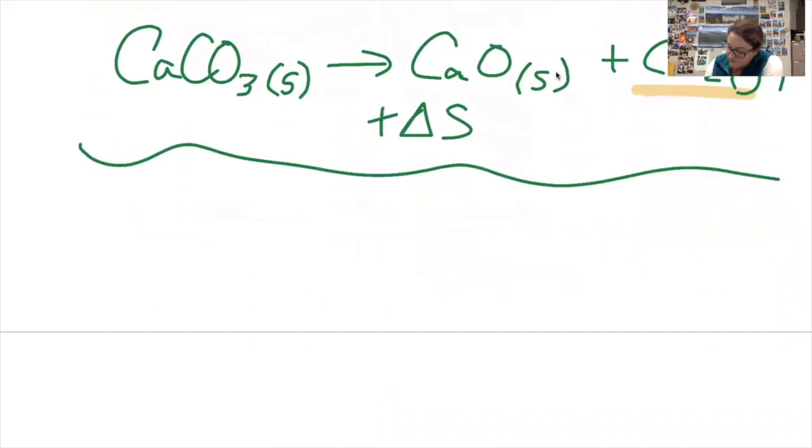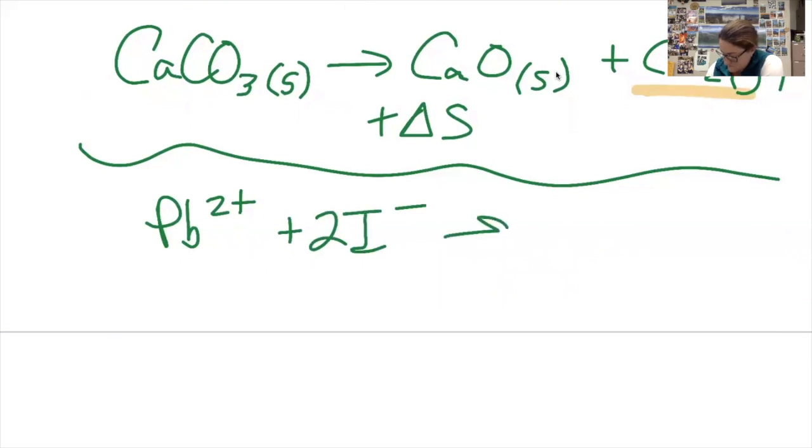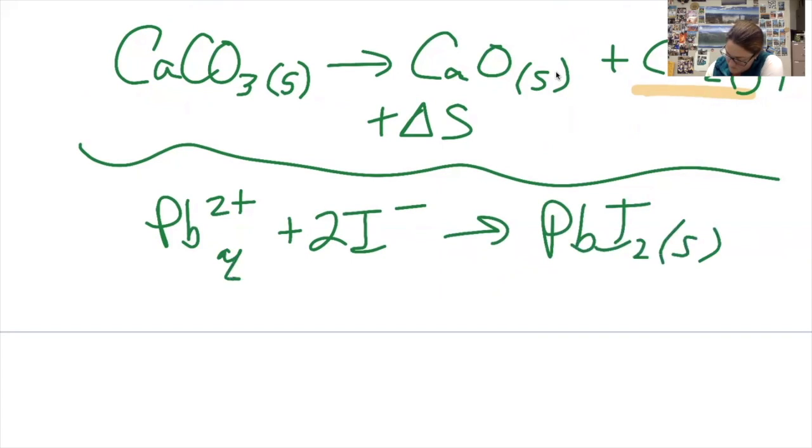You might see something like this. I want to do that differently. If I look at a precipitation reaction where I'm forming a solid from aqueous species, so I have things that are swimming around in solution in a lot of motion, and then they crystallize into a solid form.